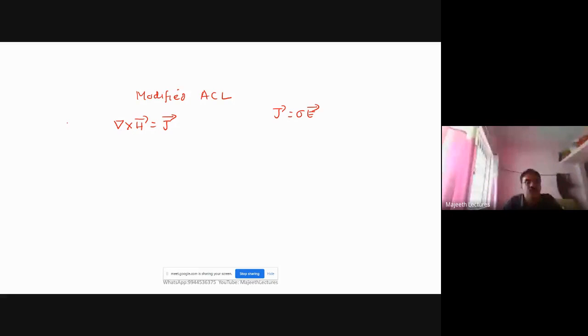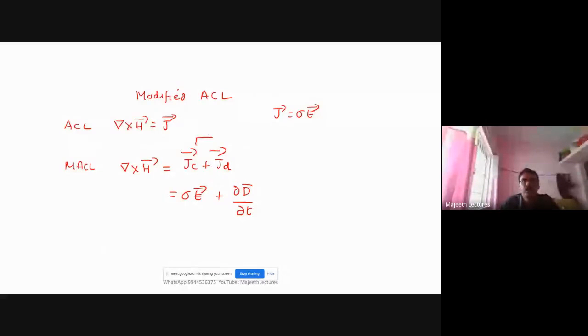This is Ampere circuital law. Modified Ampere circuital law: Maxwell found some problem in this equation and clarified it. That's the modified Ampere circuital law, that is given by J_C plus J_D vector. J_C is sigma E, J_D is nothing but dou D by dou t.